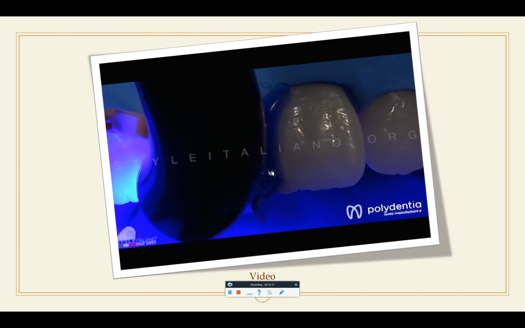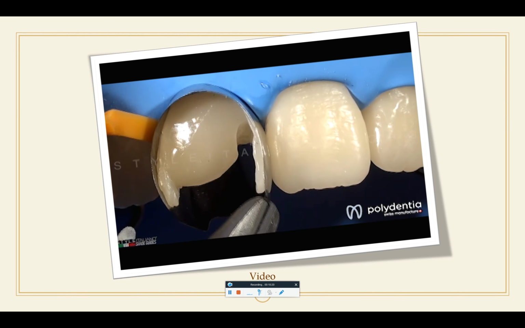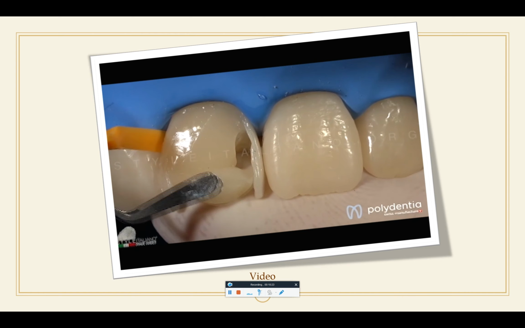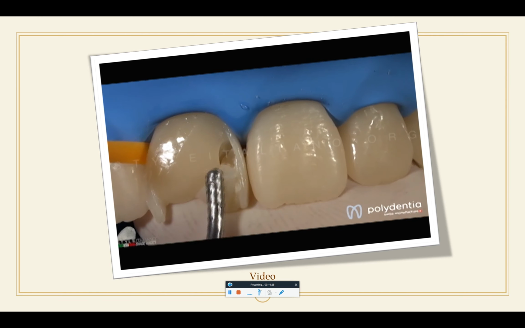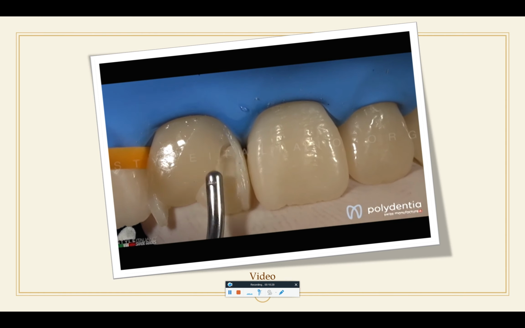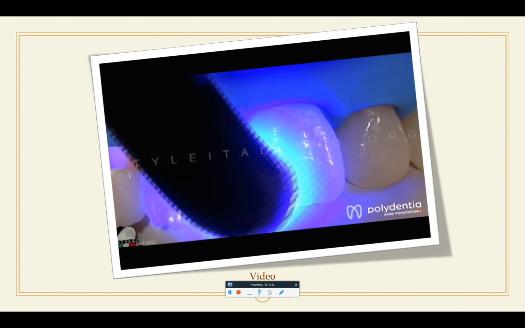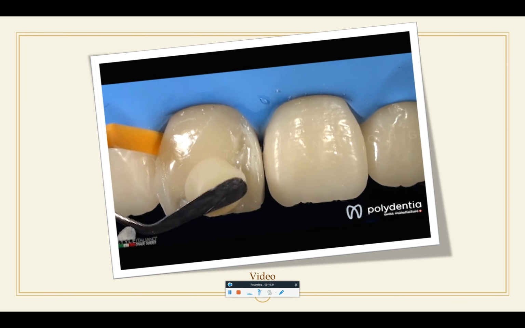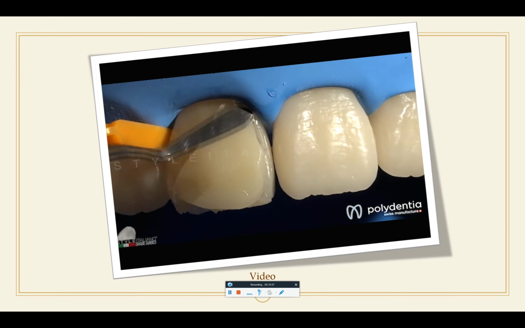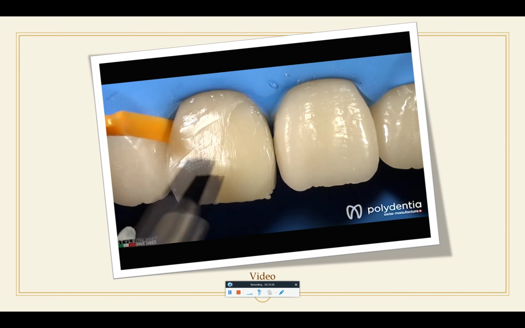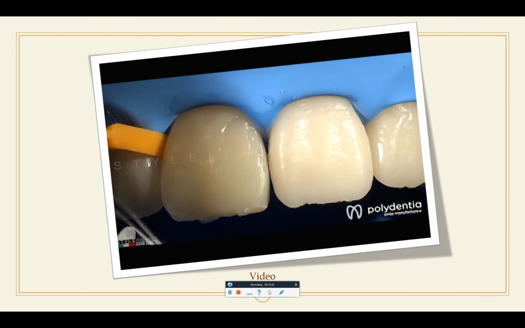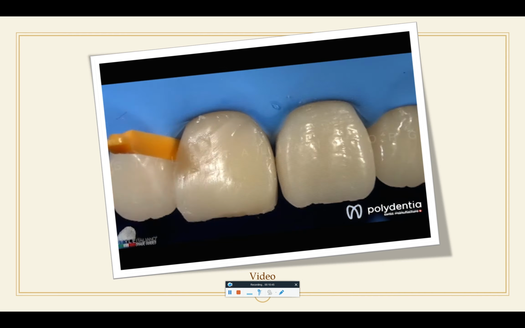After that, we put the bonding on the surface of the tooth and apply a layer of composite. As I mentioned, you start to build up the wall of the tooth, then we remove the matrix to continue building up the rest of the tooth.